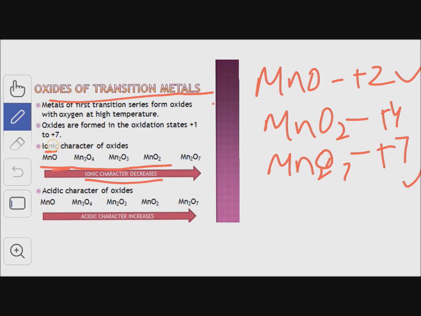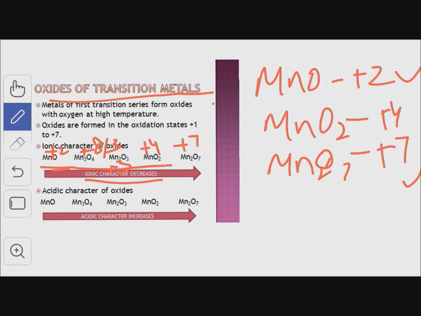Here, the oxidation state of manganese in MnO is +2. In Mn3O4, it is +8/3, and in Mn2O3, it is +3. In MnO2 it is +4, and in Mn2O7 it is +7.